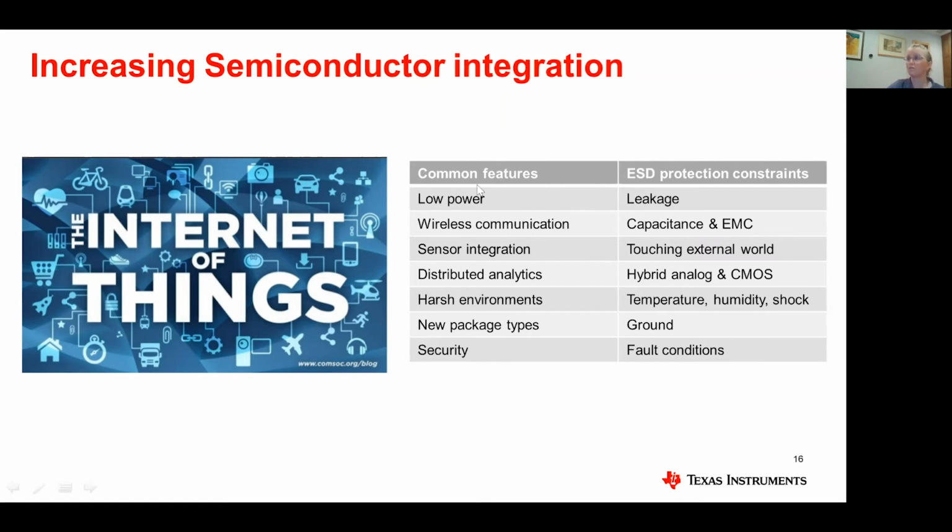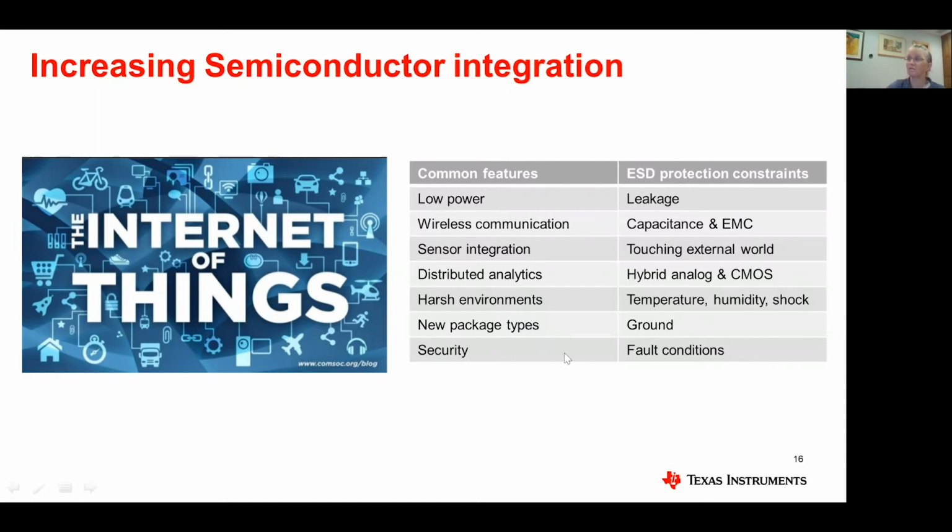So if we think of all of the common features of some of the Internet of Things applications, like low power, wireless communication, sensor integration, distributed analytics, need to work in harsh environments, lots of new types of package types, etc., and of course built-in security.